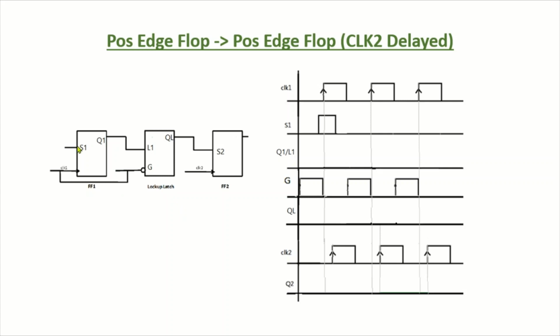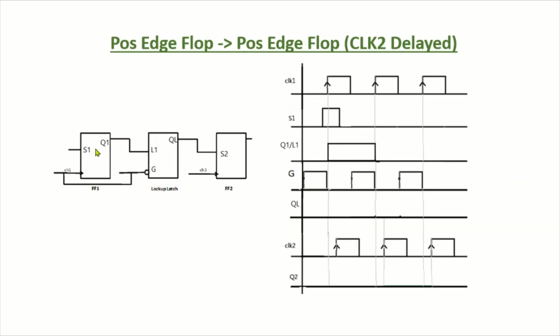Here we can see that S1 is traveling to Q1 and Q1 is traveling to L1, and the latch output QL is traveling to S2. Here the Q1 data is captured at the output in this manner.